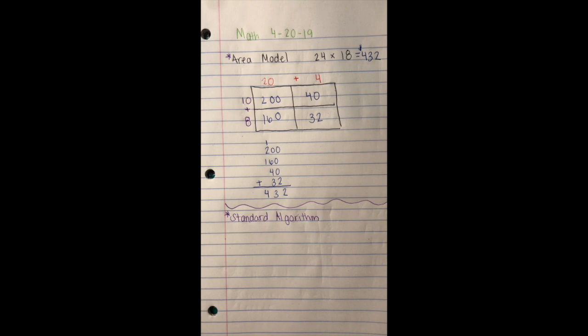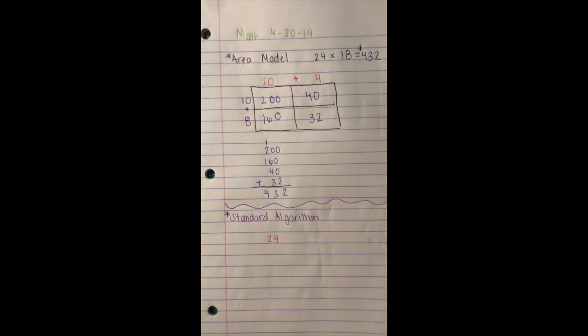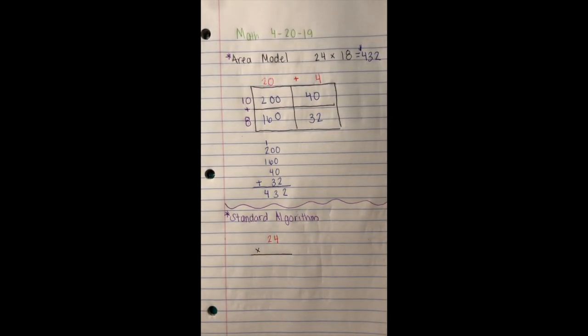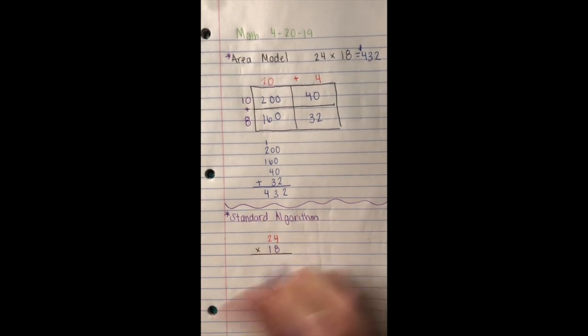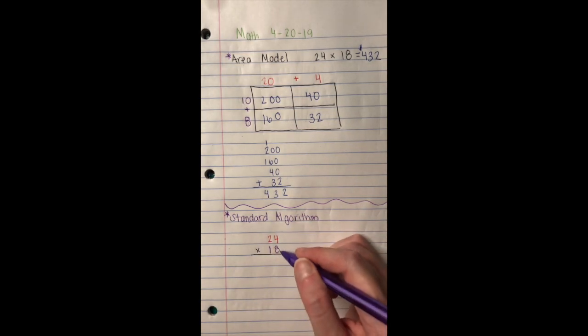Okay, so in standard algorithm, first thing we have to do is line up the numbers on top of each other vertically. And please make sure you're neat when you're doing this, because if you don't line them up correctly, your whole answer will be wrong. So I have 24 times 18, and I'm going to start by multiplying the 8 that's in the ones place times 24.